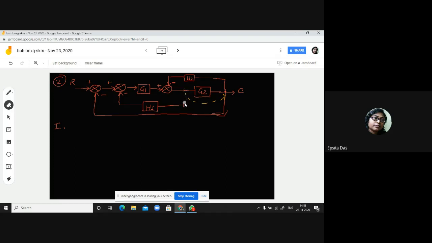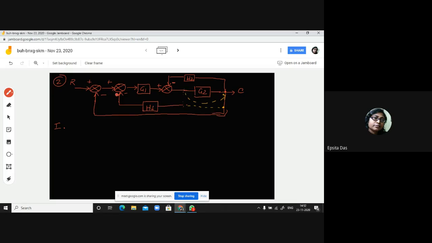It will now come from here. So initially when it was coming from here, no G2 part was present in this signal. But as it is coming from here, naturally G2 will come along with H1.